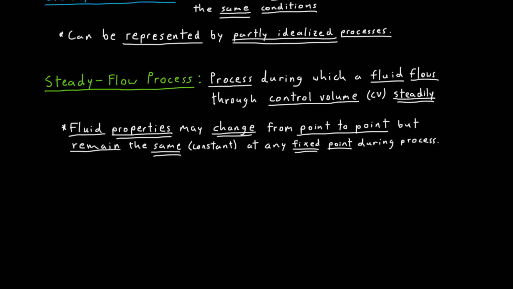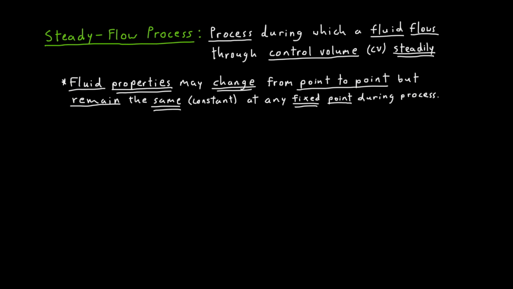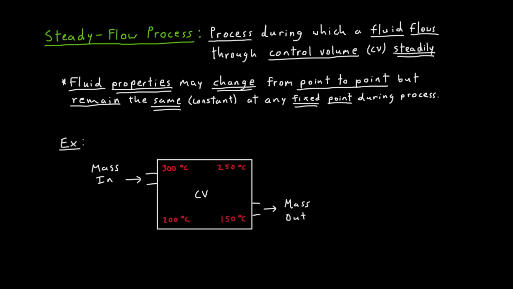So now, for example, as referenced in the book, let's say we have a control volume here represented by this rectangle where we have mass going in on the left side and mass going out on the right side. Then we have different temperatures that vary in each corner of the control volume, just like so.